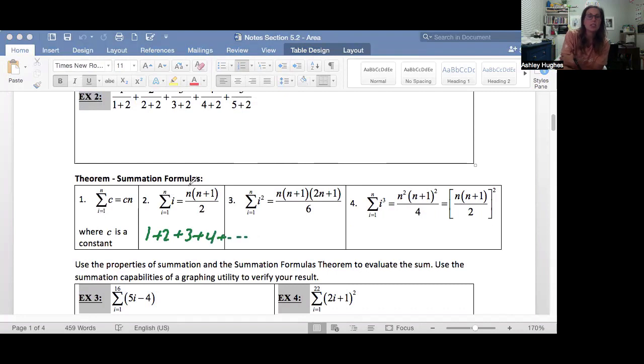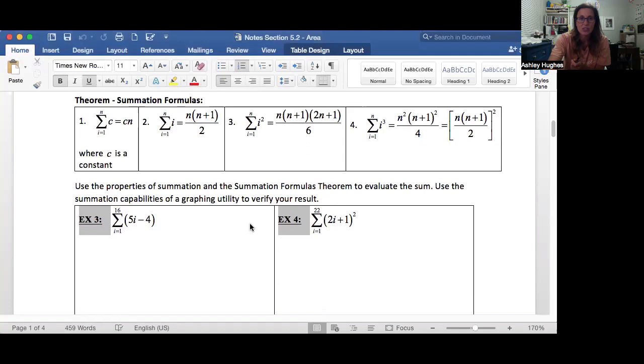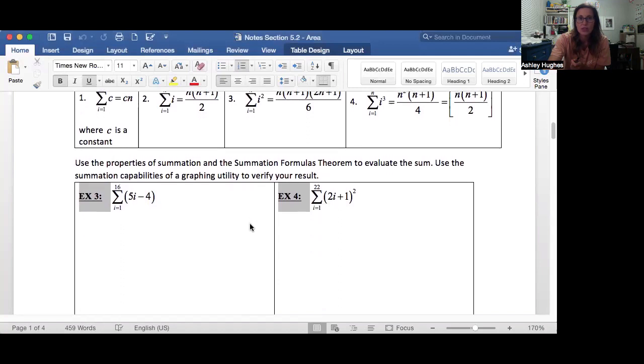It's the same thing as doing n times n plus 1 divided by 2. That's how you sum up all those numbers from 1 to n. If you're doing i squared, it's this formula, and i cubed is this formula, which we will use. Okay, so use the properties of summation to figure out what this is equal to.